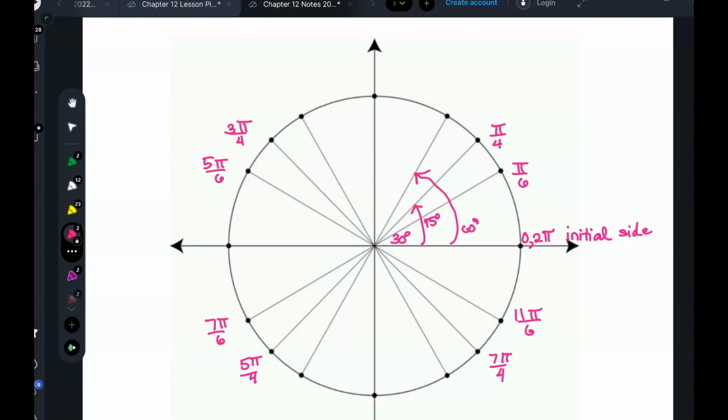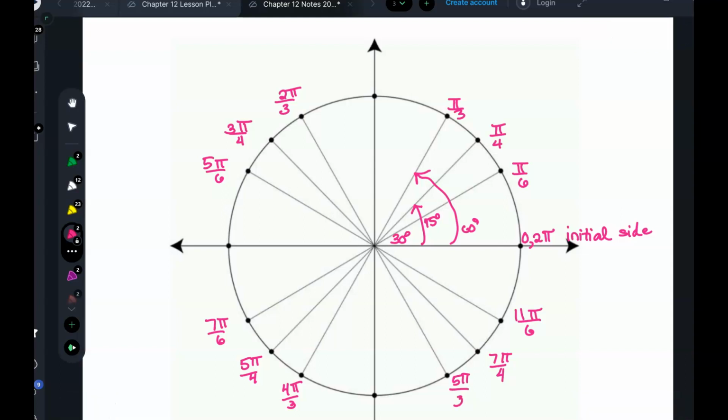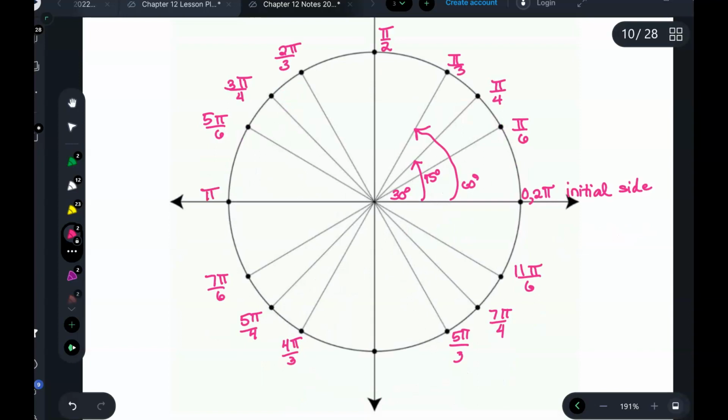Okay, now let's try to do the quadrantal angles. Let's see if I can get this to work. There we go. Okay, last one's on here. This one's already 0. This one at the top is pi over 2. Then pi. Then 3 pi over 2.